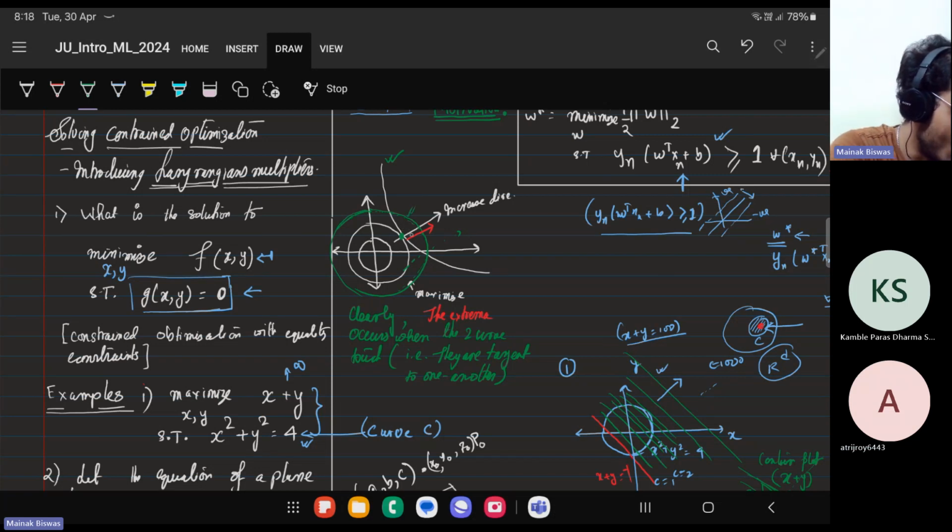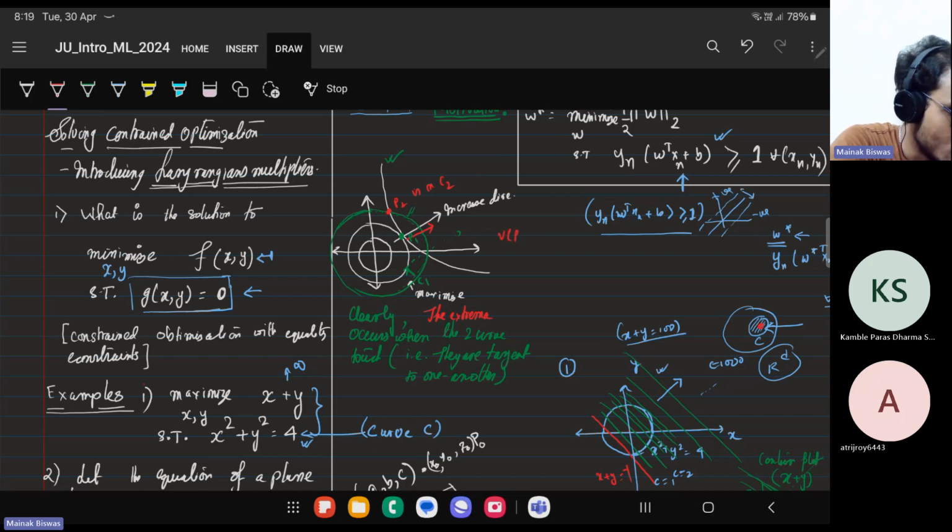If you see P1, this is on contour line C1, compared to P2, which is on C2. So the value at P2 is greater than the value at P1, right? I have mentioned that the contour increases along this direction diagonally.